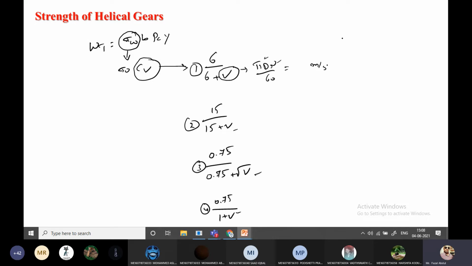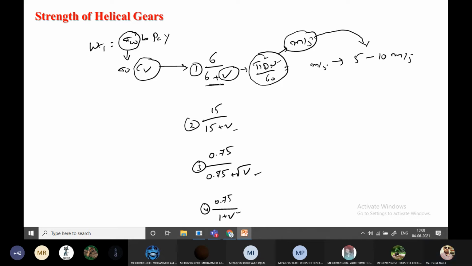Now the first value we select when the pitch line velocity lies between 5 meter per second and 10 meter per second. If the value you calculate from pi dn by 60 lies in this range, then select the first one.